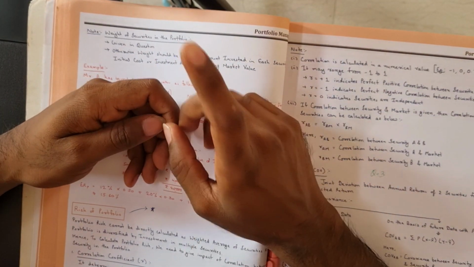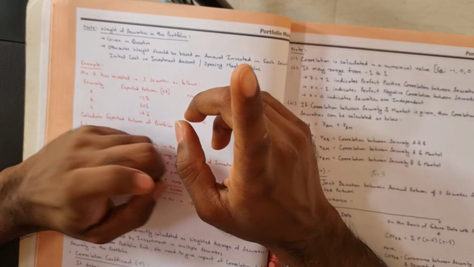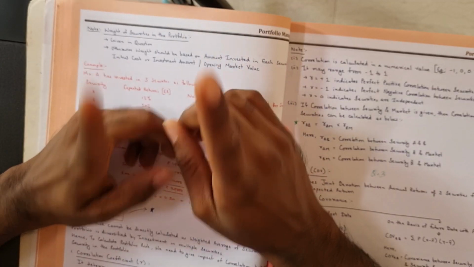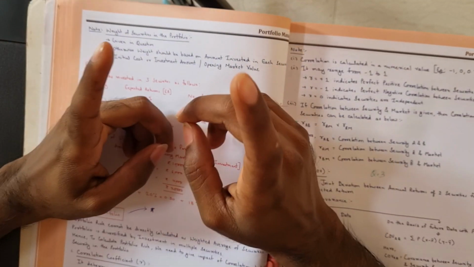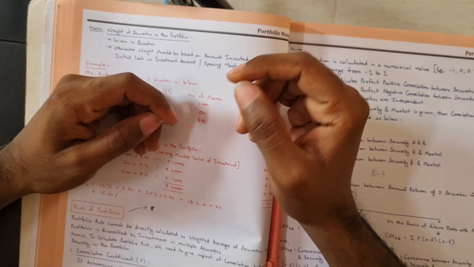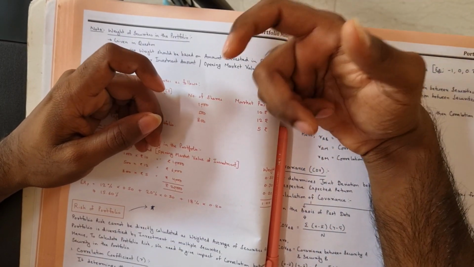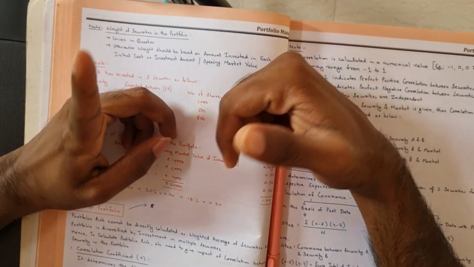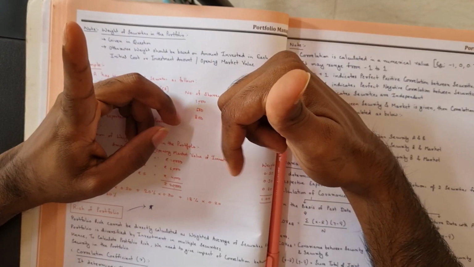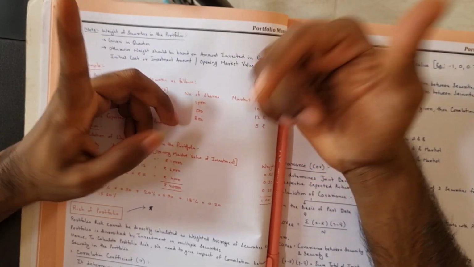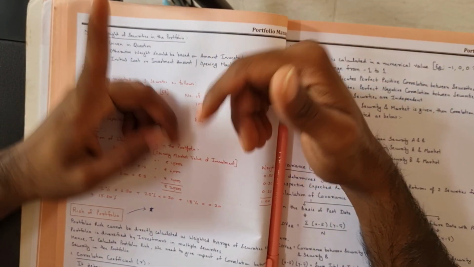If one security is going up, will the other security go up? If it goes up, then by how many percent? And if one security is going down and another security is going up, that is an inverse relation, a negative relation. So how much will it go?